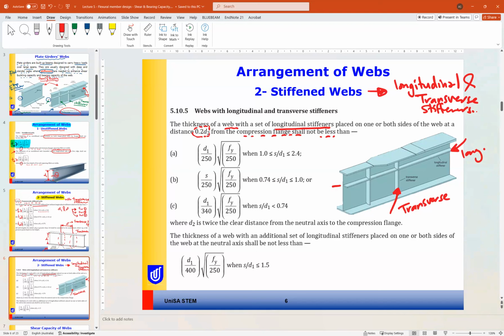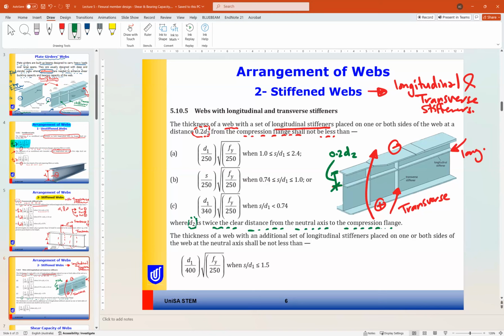So if we consider this our moment, the top flange is the compression flange, the bottom flange is the tension flange. So if we have the web stiffener at a distance 0.2 d2 from the top, where d2 is twice the clear distance from the neutral axis to the compression flange.